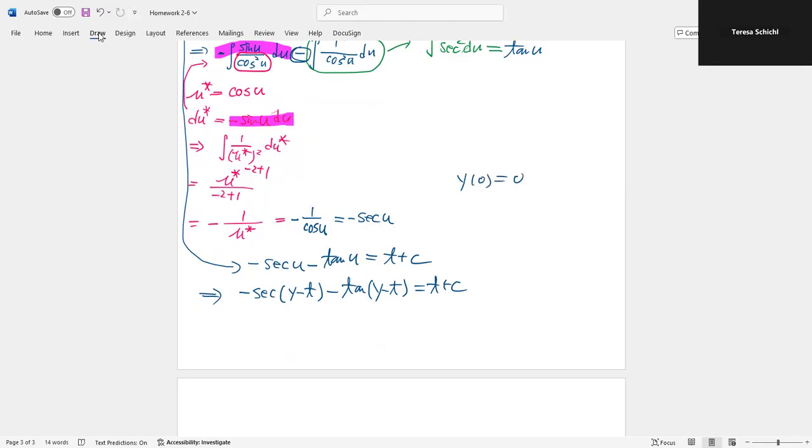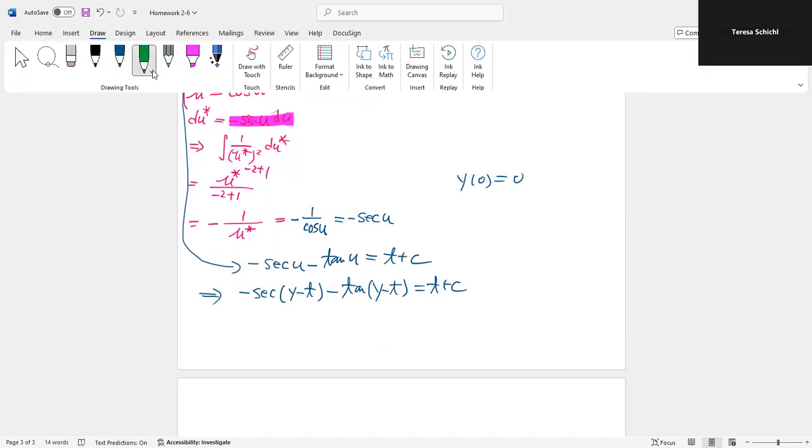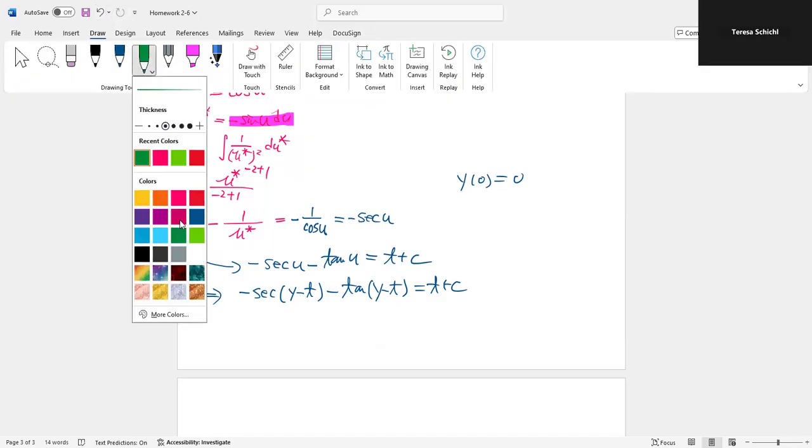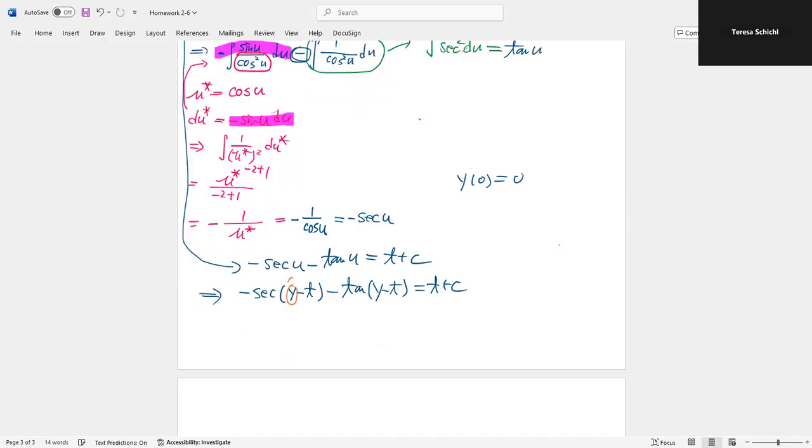Now let's try to put the numbers here. y of 0 is 0, so this is 0 minus 0. So secant 0 is what? It's 1, so here's a negative 1. Tangent 0 is 0.